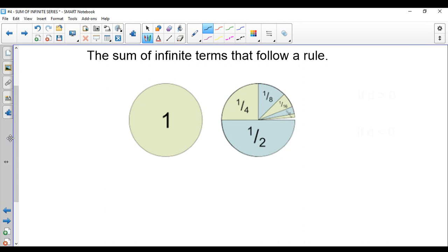So just to start off with, I'm just going to do a quick little view here of what I'm talking about with a diagram. So an infinite series, as you can see in the circle to the right, it would end up being this series.